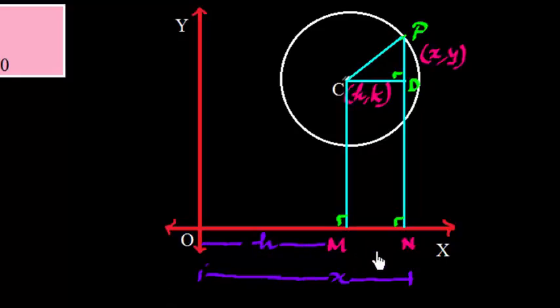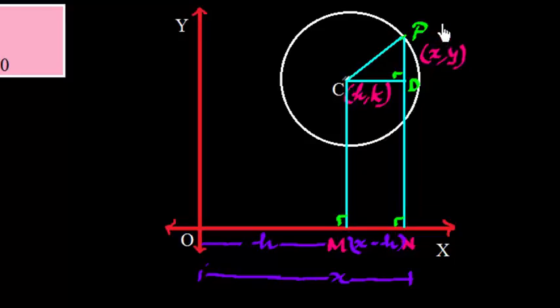So if we have to find the distance between M and N, it would be x minus h. So MN and CD are both the same because both are parallel and equal. So CD is also x minus h.